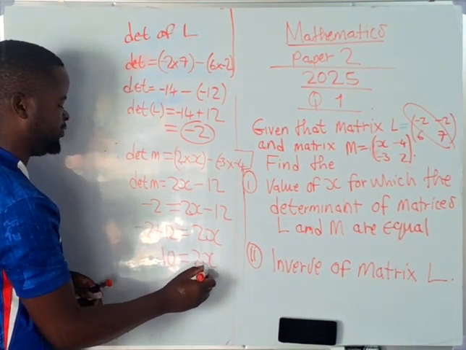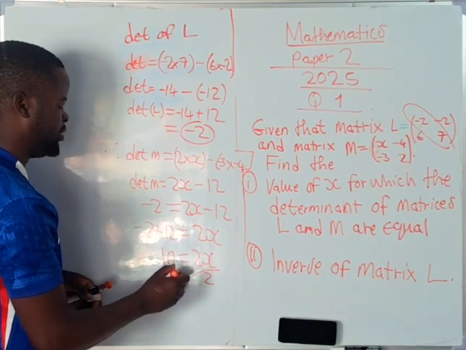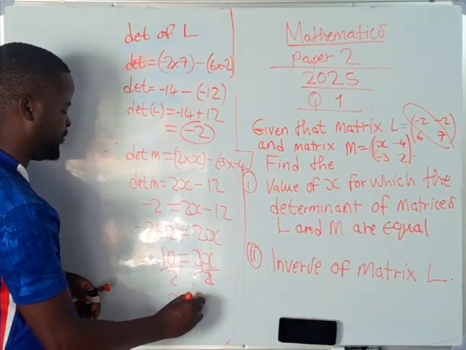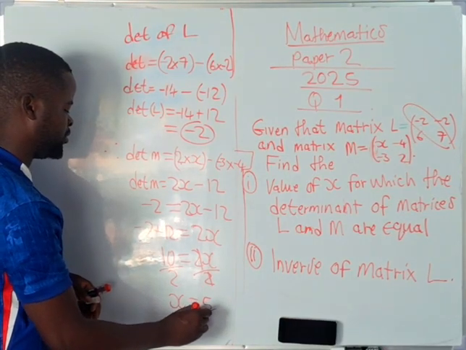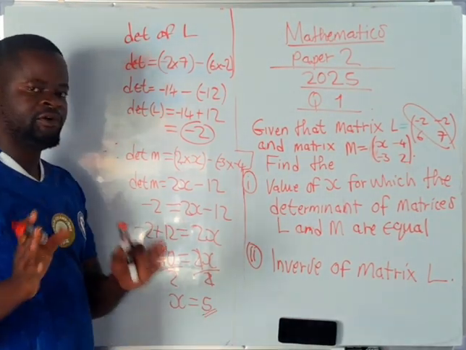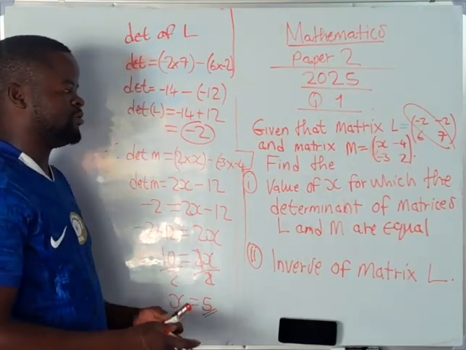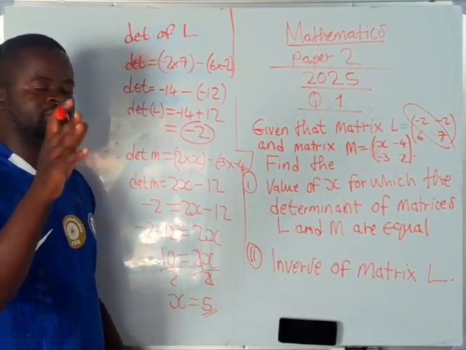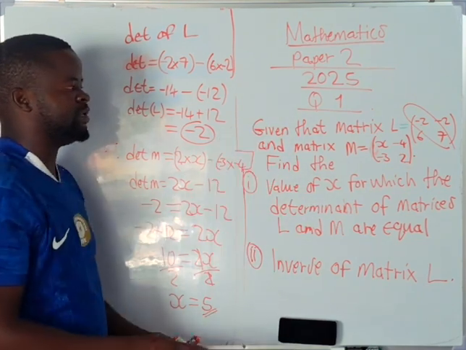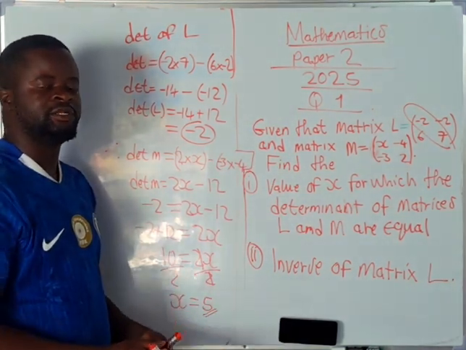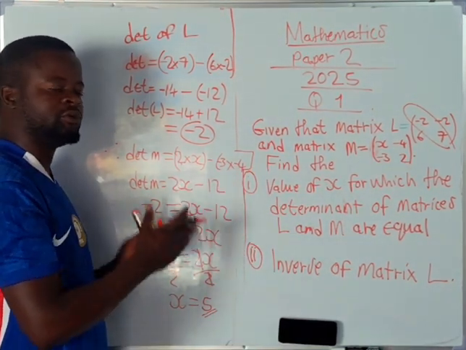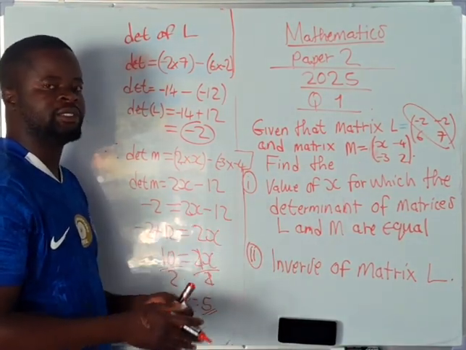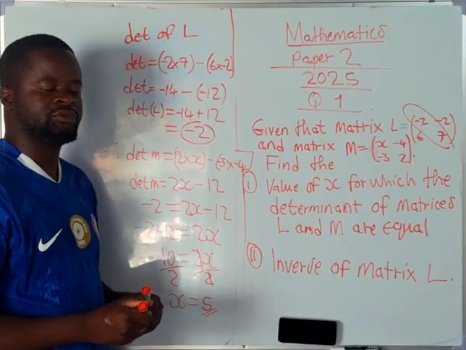We are finding the value of x, so divide by 2, the 2s cancel, and the value of x is +5. Remember, the first step is to find the determinant of matrix L, then equate it to the procedure on matrix M to find x.